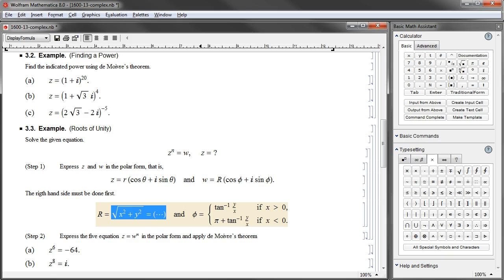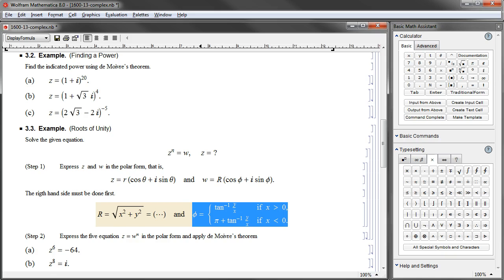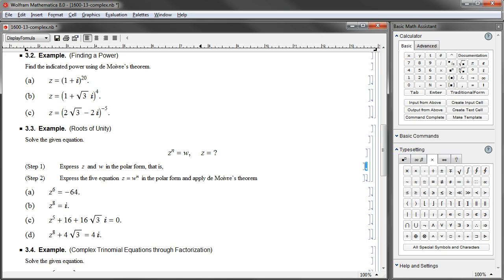And then the argument, again the usual method: arctangent of y over x when your point is in the first or fourth quadrant, and pi plus arctangent if your point is in the second or third quadrant. That gives you the polar expression of w, and that's step 1 of the problem.